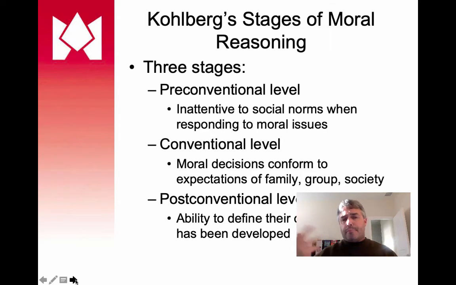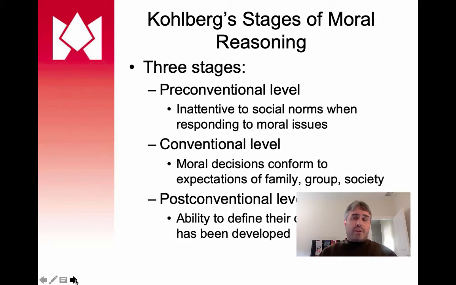There's a couple of theorist philosophers that your textbook talks about. Kohlberg is the first one. So Kohlberg came up with these stages of moral reasoning, and this is what he was thinking: at different stages in our life, we're going to look at moral decisions and moral situations, and we're going to react to them differently. So he came up with 3 stages.